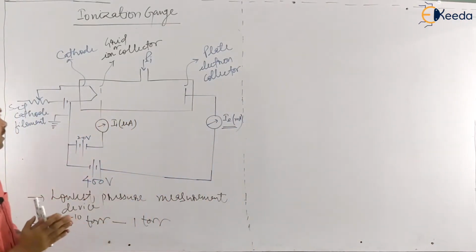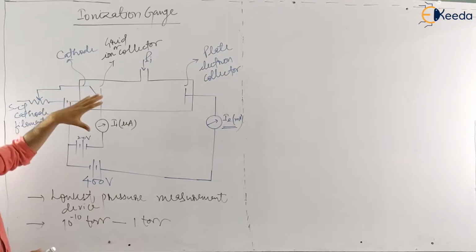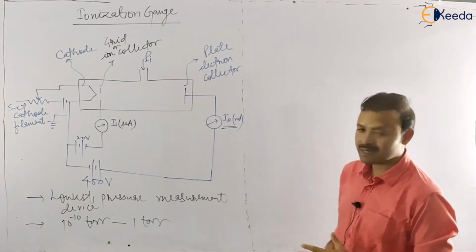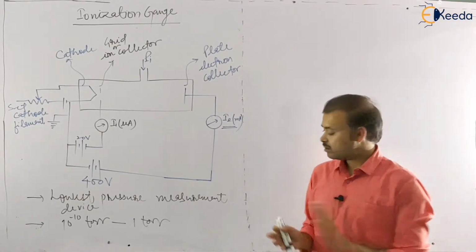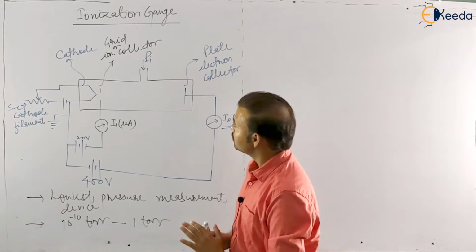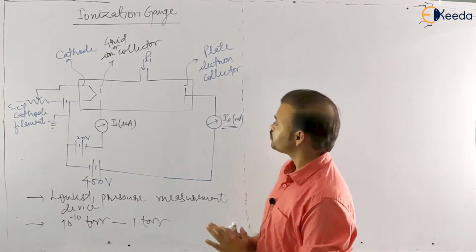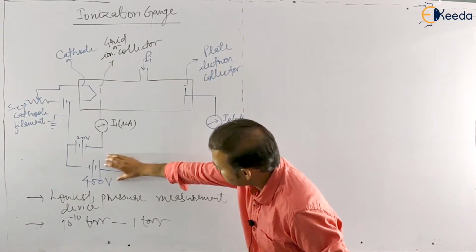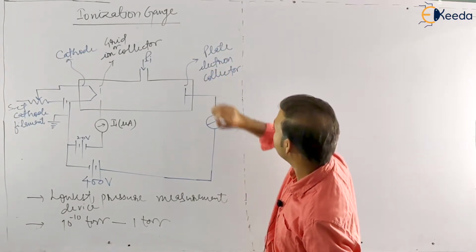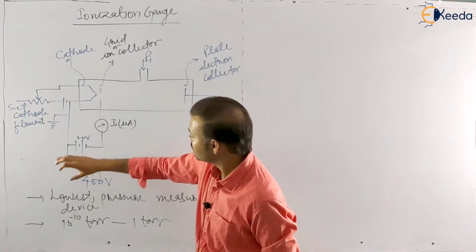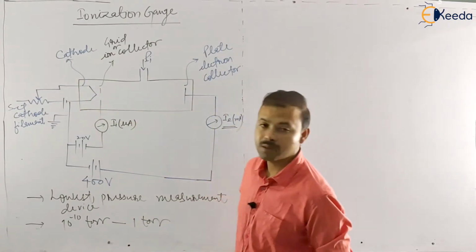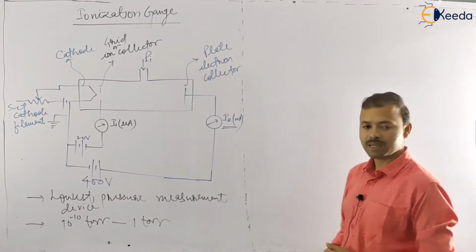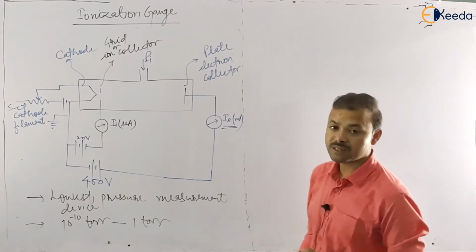The operation part is clear. This is the instrument schematic. I have labeled every part in the figure, and I just told you the operation. Let me revise the operation part. There is a large battery connected through the electron collector, and this is connected to the cathode, which is being heated up and electrons are generated.